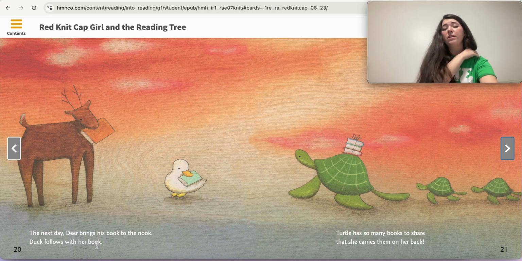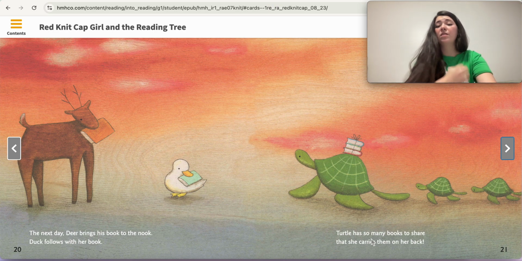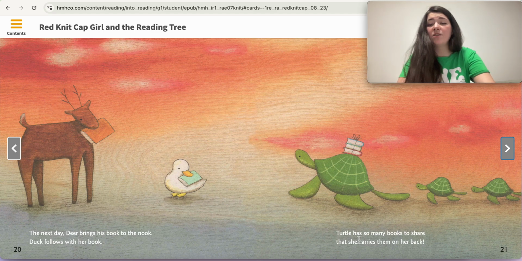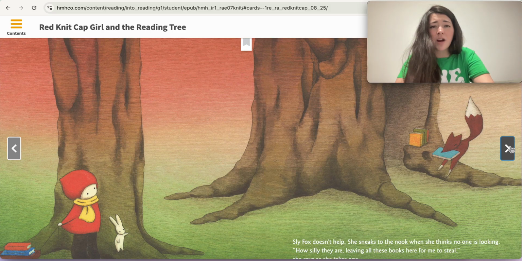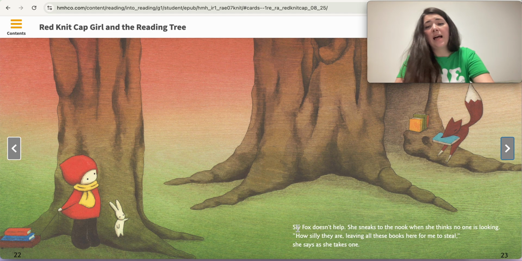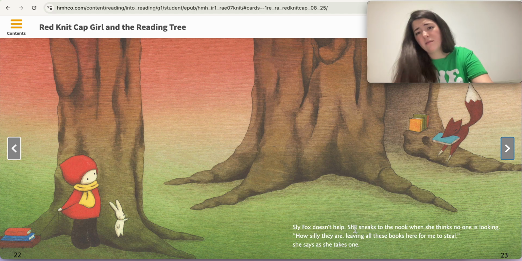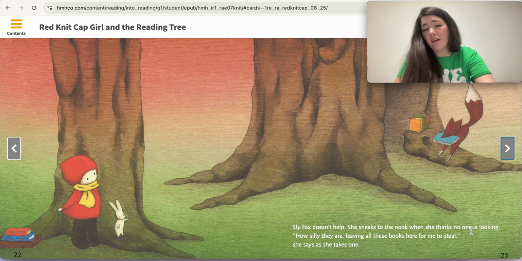Duck follows with her book. Turtle has so many books to share that she carries them on her back. Look at all these animals bringing their books to share. Sly Fox doesn't help. Oh. She sneaks to the nook when she thinks no one is looking.